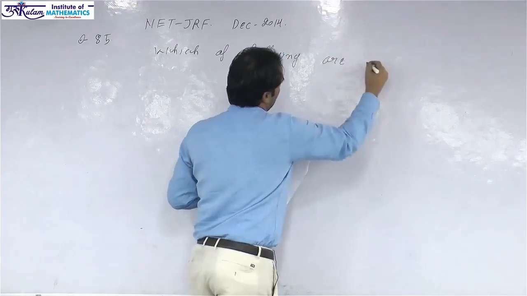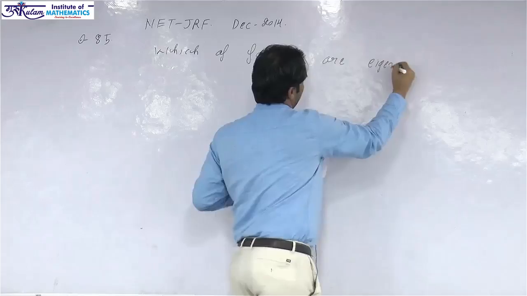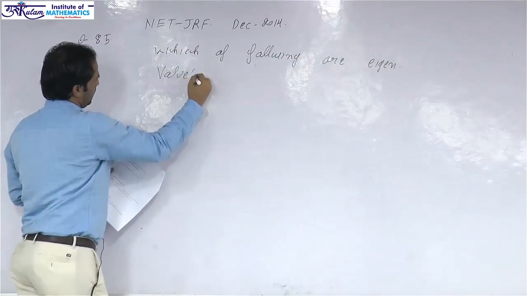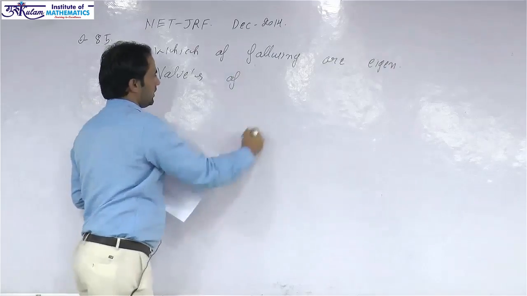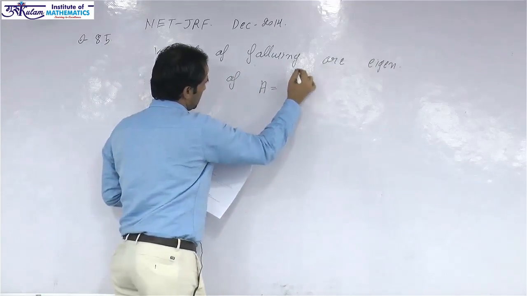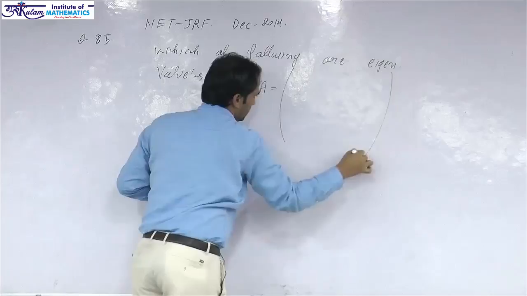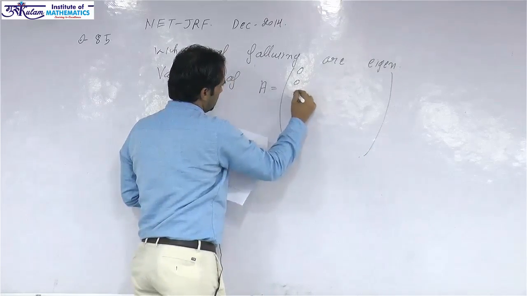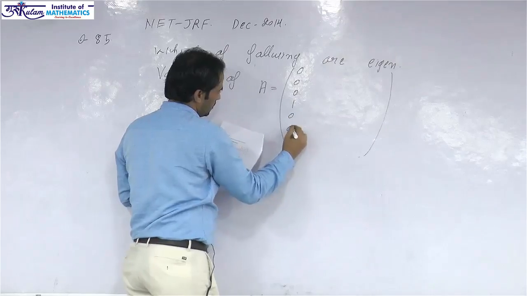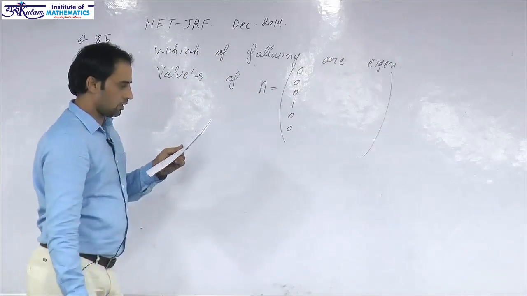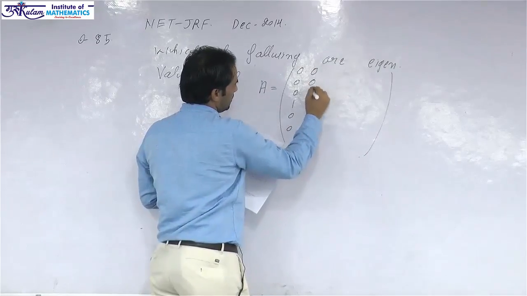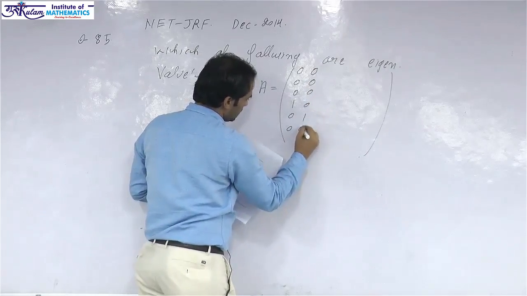matrix A? This matrix is simply 0 0 0 1 0 0. So it is a 6 cross 6 matrix. Then second row is 0 0 0 0 1 0.